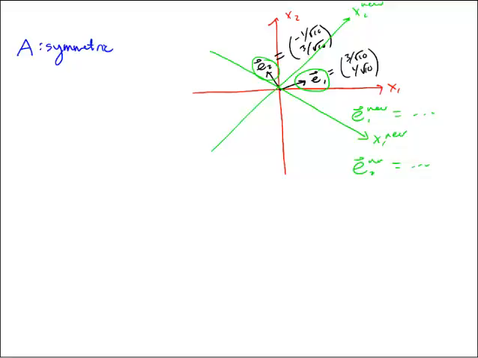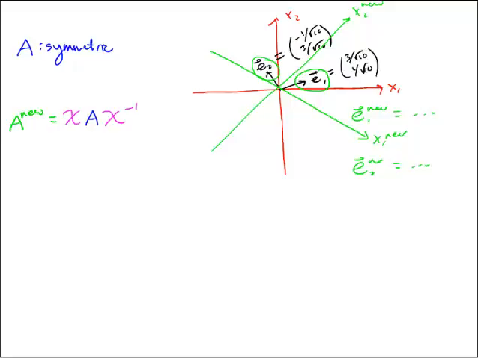But most importantly, the action of A upon those vectors is going to be the same regardless of what basis I'm in. So as long as I write A in the correct basis, and remember I can do that by saying A in the new basis is equal to some change of basis matrix times A in the old basis times the inverse of that matrix.